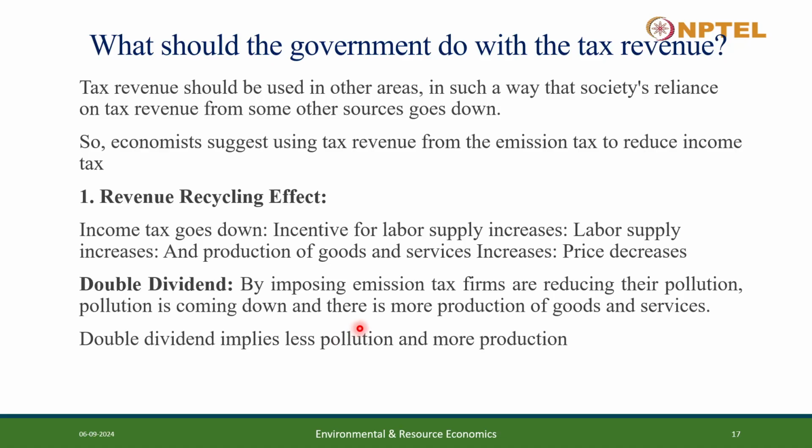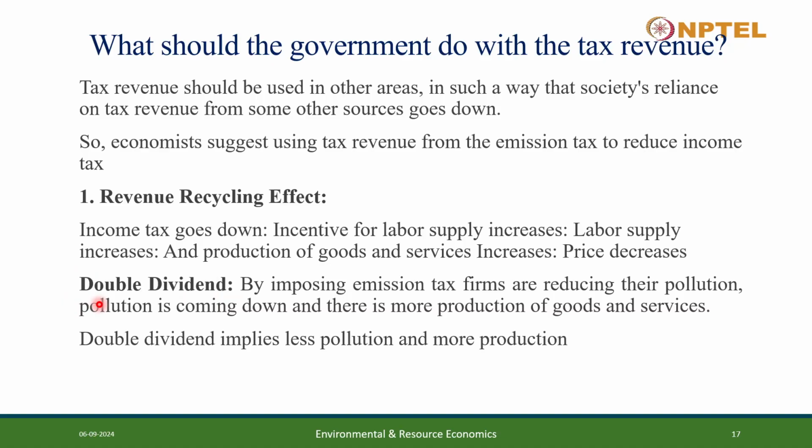So the double dividend is, by imposing an emission tax, they will be reducing pollution, and there will be more production. So the pollution will be lesser and production will be more, because the price reduces, so there will be more production. The pollution will be lesser because of the pollution control system. This is known as the double dividend.